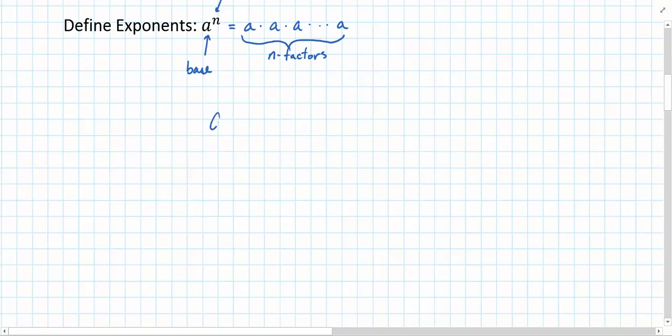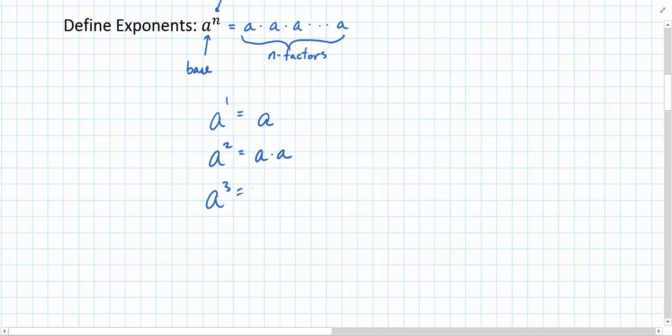So from this definition, we see that a to the first power is the product of a written one time, multiplied one time. A to the second power would be the product of a multiplied twice.